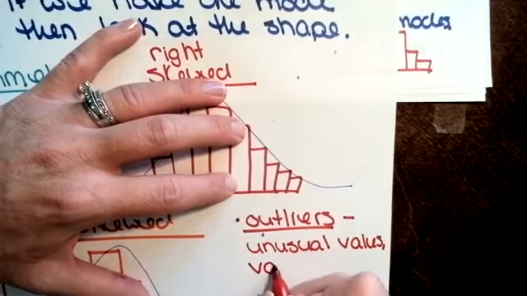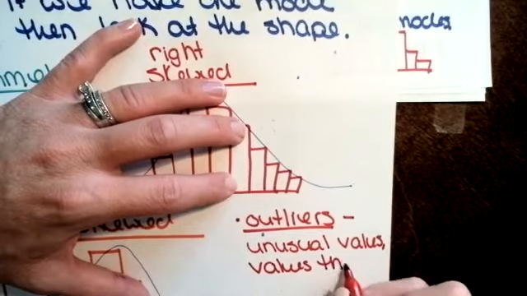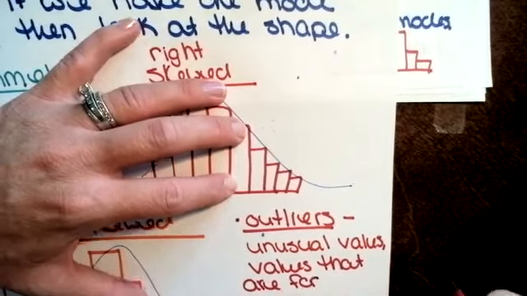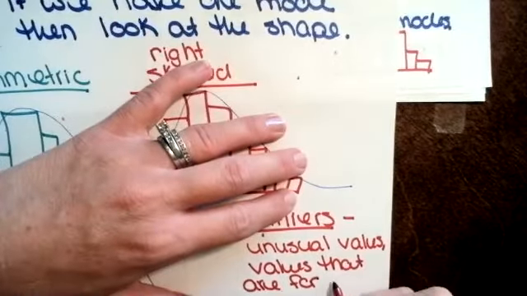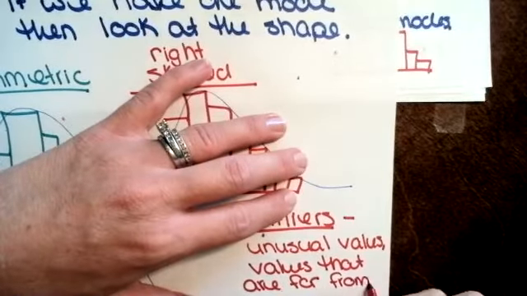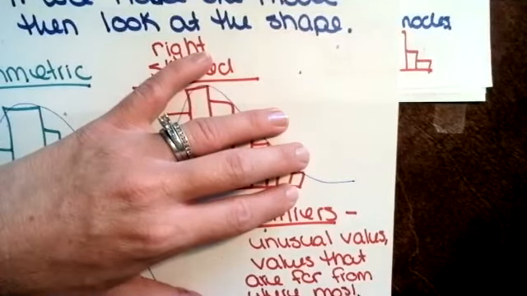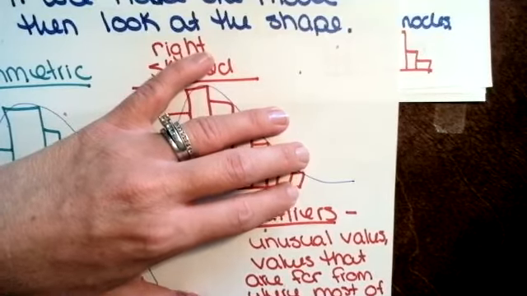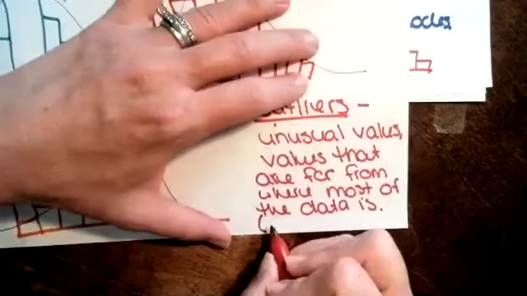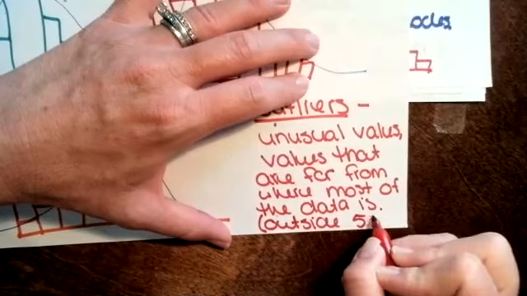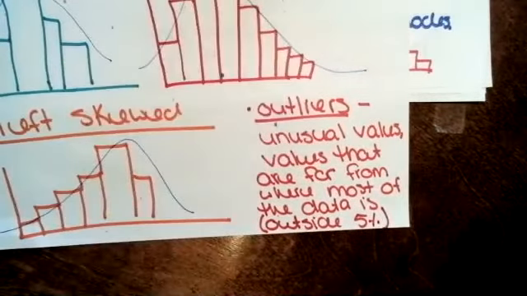These are values that are far from where most of the data is. Sometimes we even say this is the outside 5%, which we're not going to use right now, but we will be using that.